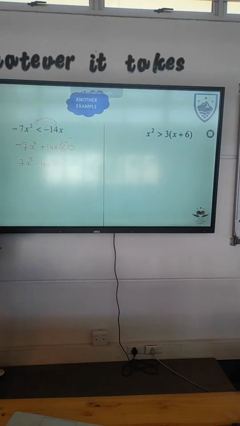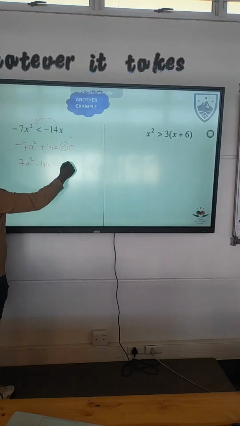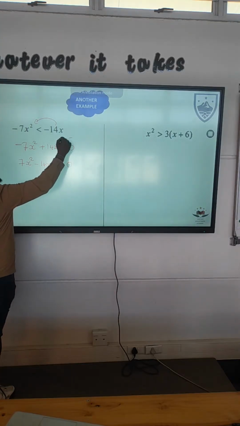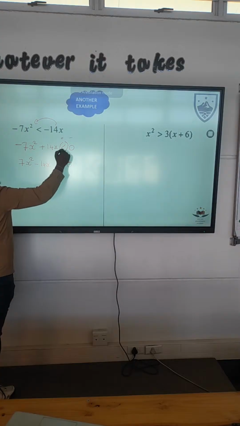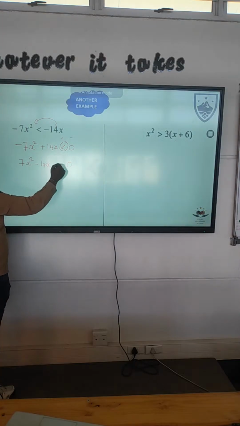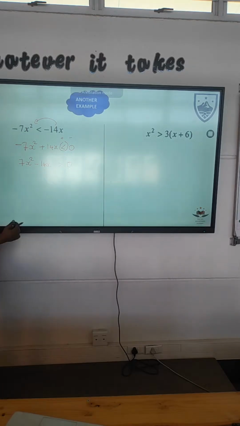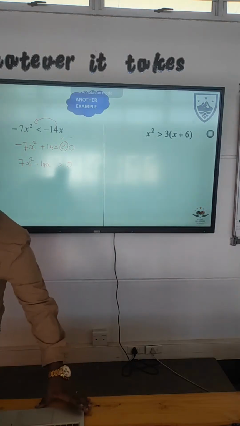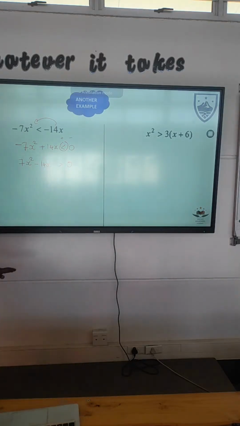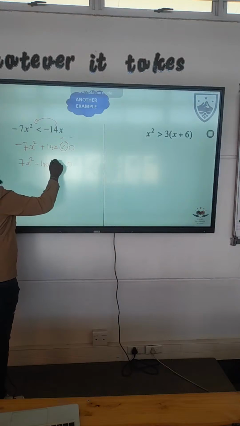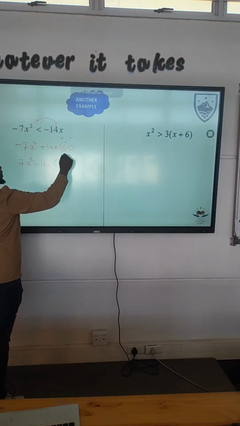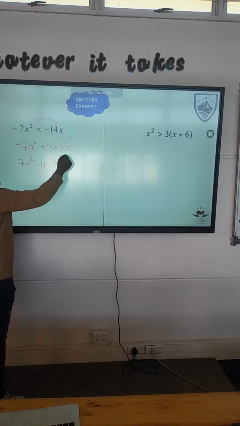Whatever was negative will now become positive. So it will change the direction. So this will be greater than 0. Because remember, an inequality is just telling us about the sign, whether it's negative or positive. So now we are looking for a solution that will be positive.